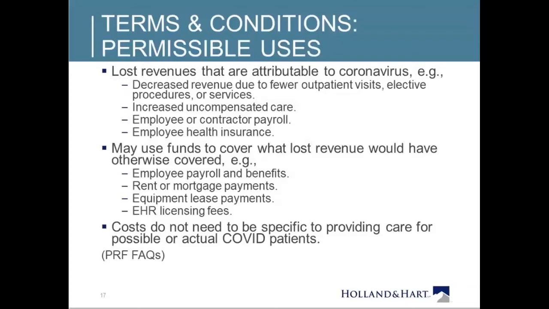Maybe you had additional employee health insurance coverage or benefits that you had to provide in order to protect them for COVID-related expenses. If you had those expenses, you can also use your PRF money to cover those expenses, those lost revenues. You may also use the funds to cover what the lost revenue would have otherwise covered.